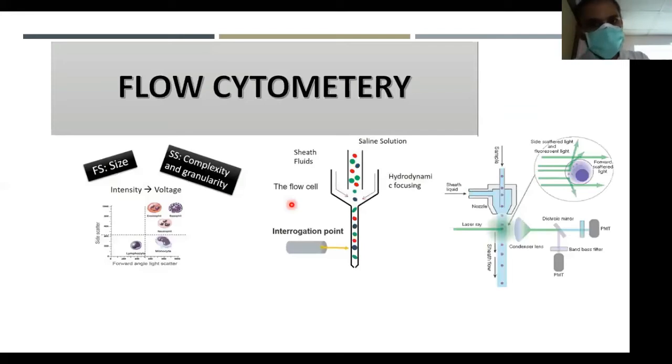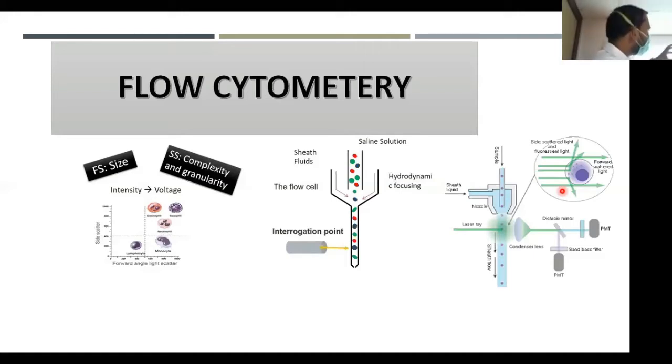Now flow cytometry. What do you do in flow? Basically, the cells are made to pass in a single file, one cell at a time, and you pass light. Light goes through the cell, and depending upon the particles, it scatters. I don't know, this picture is not visible.